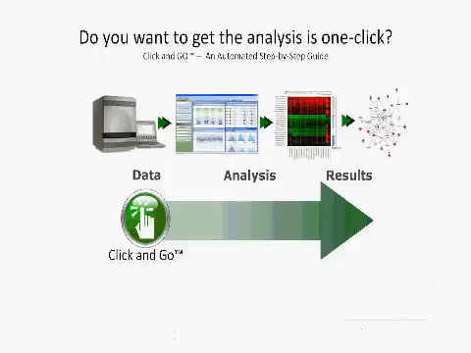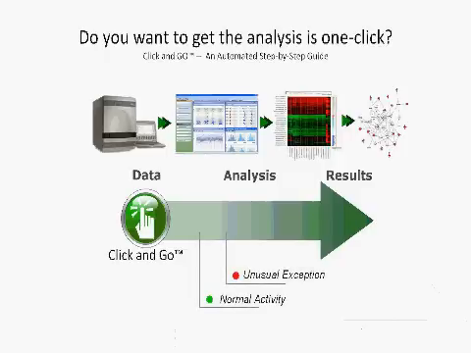Also, we have the click and go, which is basically the analysis in one click, where you go from data all the way to results. And so at this point, it's very useful to understand that even though you perform the analysis in one click, you always have the ability to keep track of everything that you've done, as well as the information regarding the quality of the data.